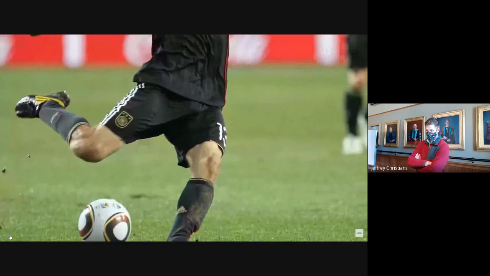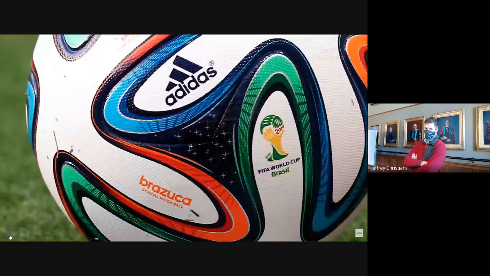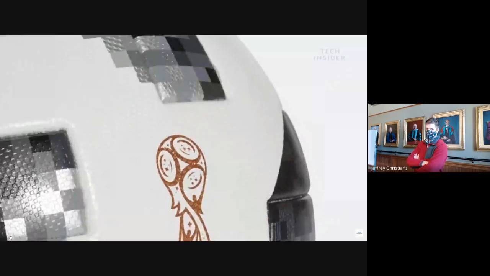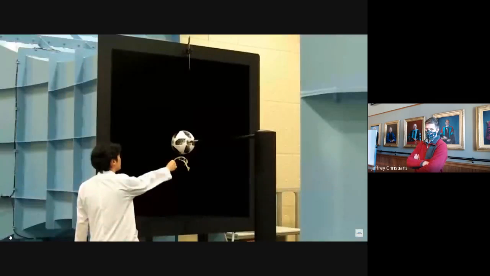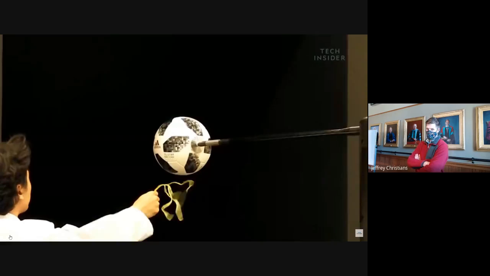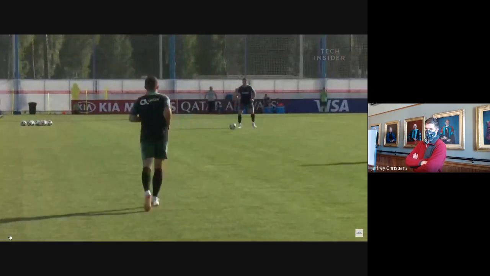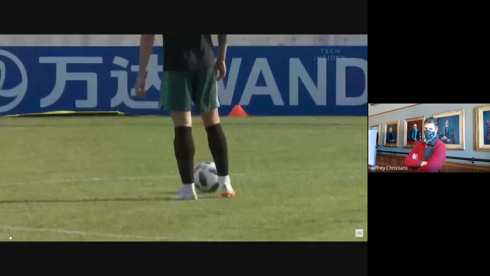As for 2018, the total seam length is similar, it's actually 30% longer. So now you're at risk of the ball being a little too rough. Again, Adidas compensated for this by also making the seams shallower. And studies show that the Telstar 18 performs similarly to the Brazuca, but still has a bit more drag and might not travel as far in high-speed kicks.